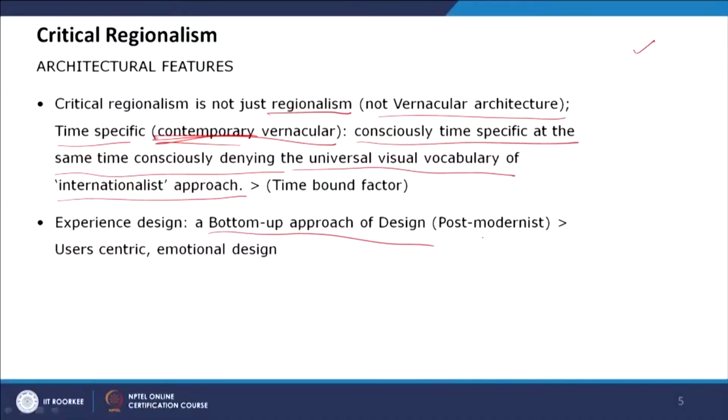So the experience of a building is a bottom-up approach of design, which is postmodernist or user-centric, where the emotion of people will be added within the design. It's not devoid of people's perception and people's behavior like the internationalist movement. There will be an emotional attachment, because if you are putting the local elements or the natural surroundings into the design, there will be a connection with the users, with the people.